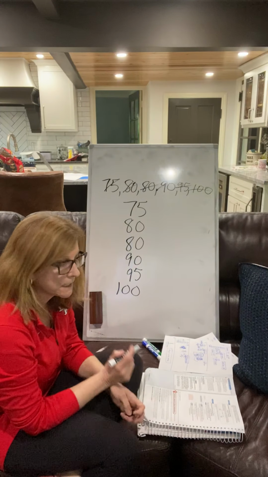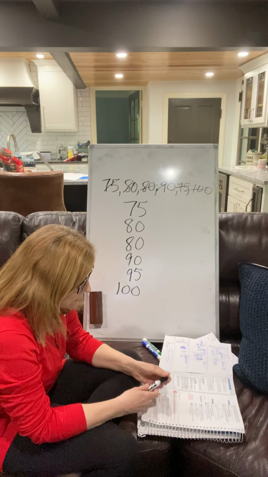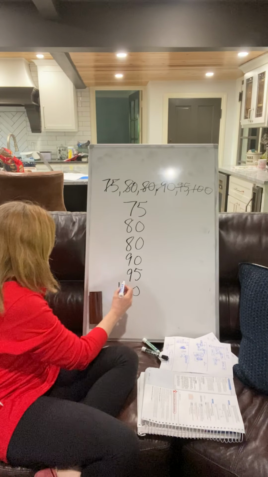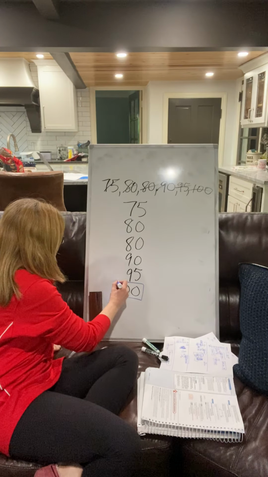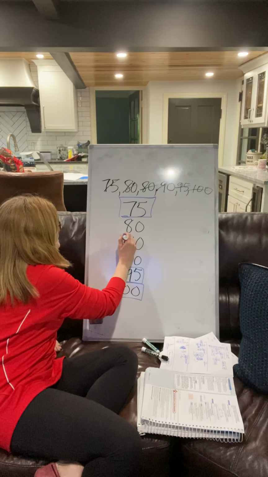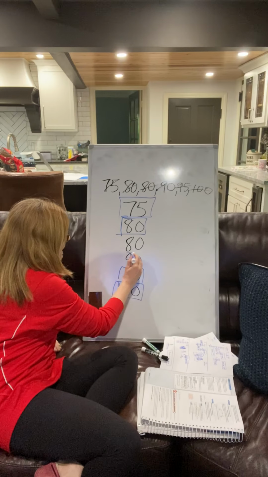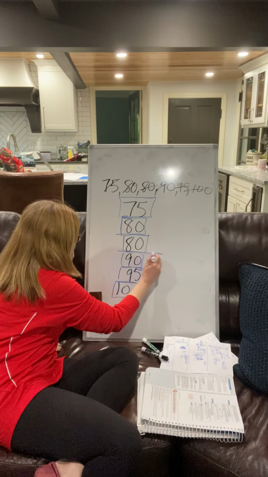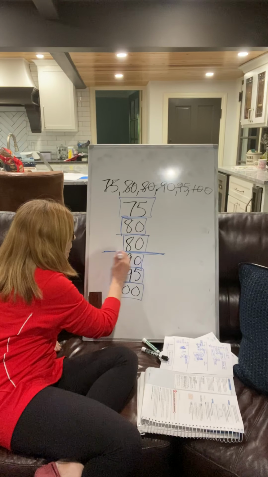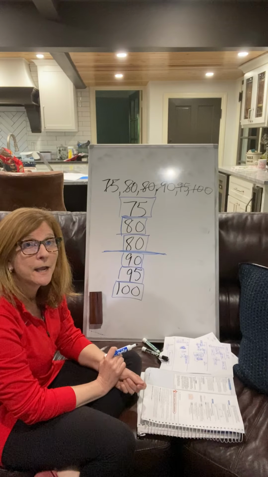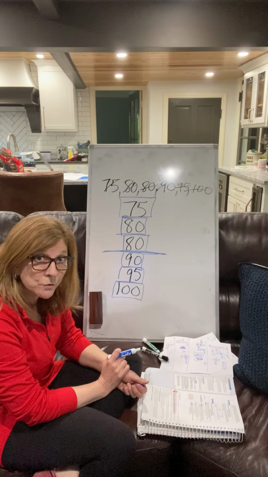So the median. Now, the way I like to do it is, I take one from the bottom, I take one from the top. Take one from the bottom, take one from the top. Take one from the bottom, take one from the top. And that gets my median right here. Now it's between 80 and 90, and it worked that way because I have an even number of numbers.